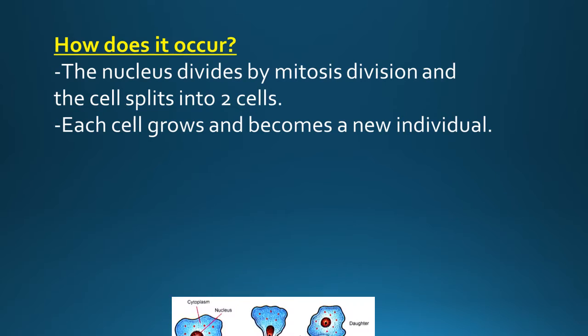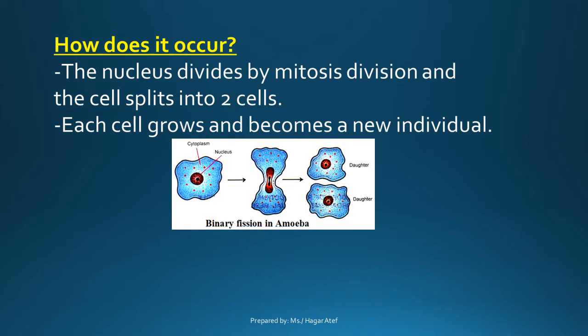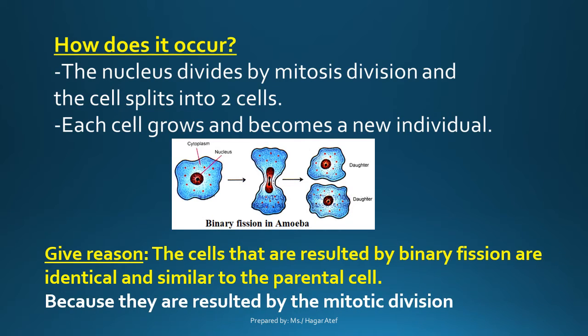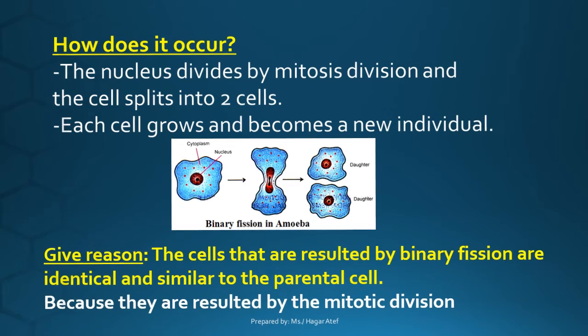How does it occur? The nucleus divides by mitotic division, and the cell splits into two cells. Each cell grows and becomes a new individual. So, give reason: the cells resulting from binary fission are identical and similar to the parental cell because they result from mitotic division.